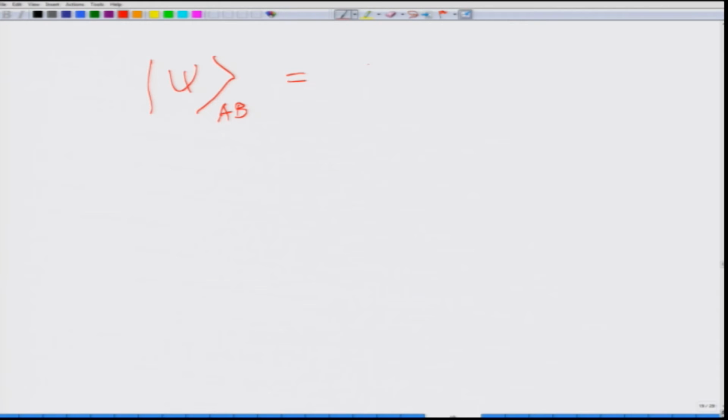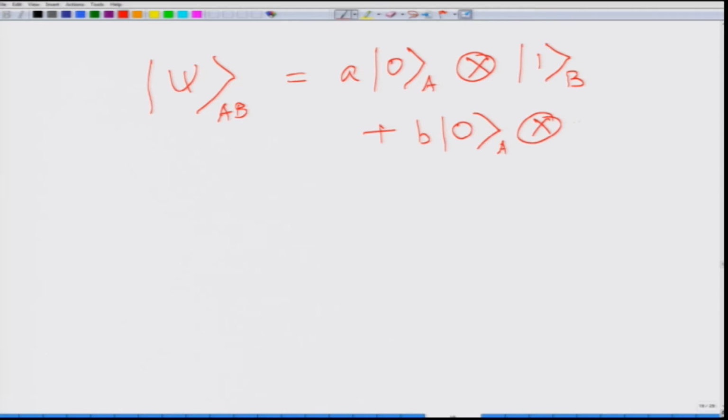So, let us say I can use this as A, then I will end up producing a tensor product of the other part. So, now A and B are correlated.